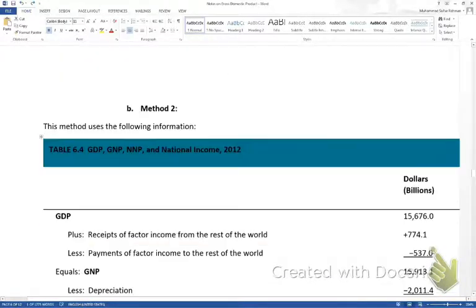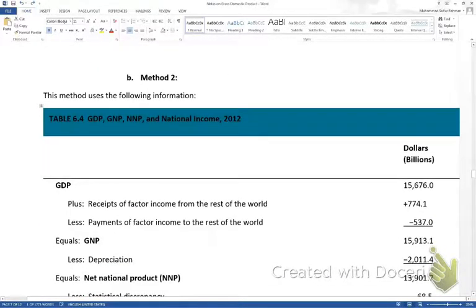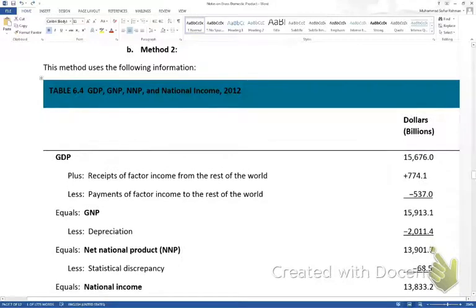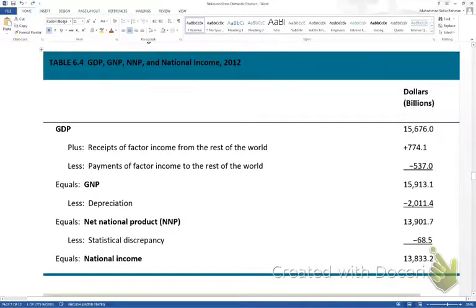That takes us to the second method of calculating GDP. The second method of calculating GDP is a little bit complicated, and you can look at this table and figure out how these are calculated, but you can go in either way. I always start from the bottom, where imagine that you have the national income number, which is $13,833 billion.